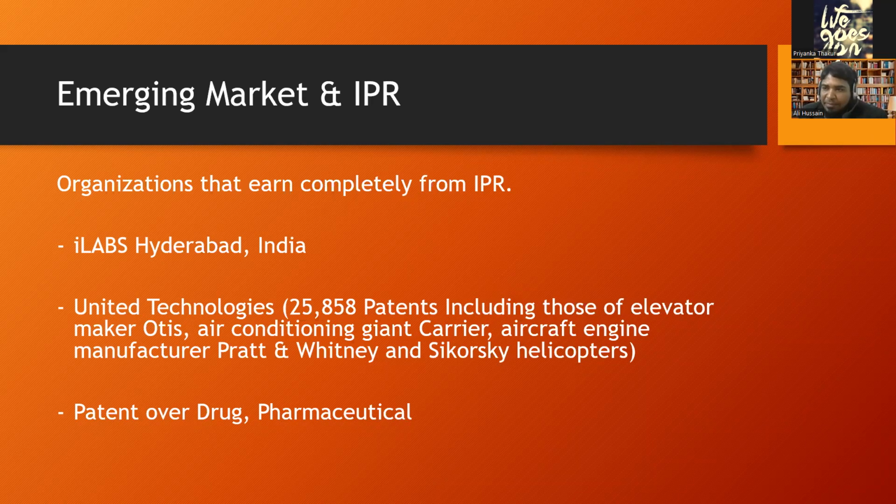But after India became a member of WTO, it was given 5 years' time for developed countries, 10 years for developing countries, and 11 years for least developed countries, to convert from process based to product based. What it affected in India is, as you might know, India is a hub for the pharmaceutical industry. We are the largest drug manufacturer around the globe, and we are the largest exporter of drugs.